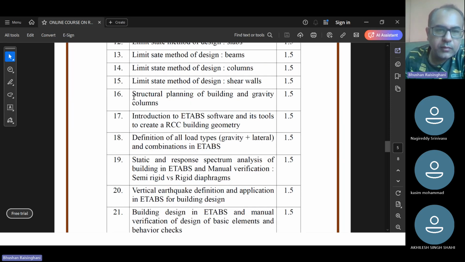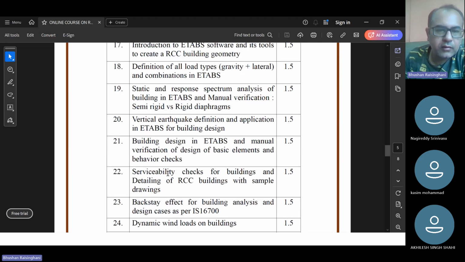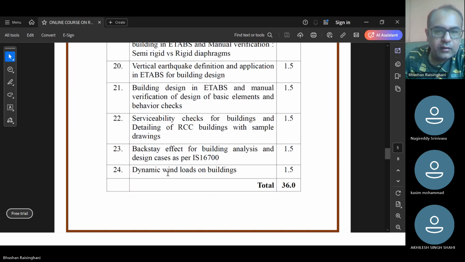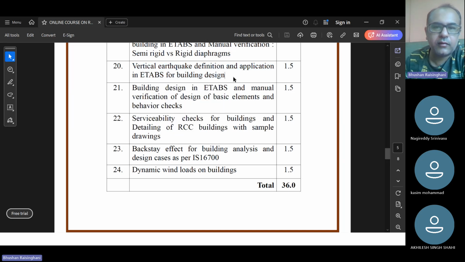From session number 16, all others would be software application based. Up to, let's say, the 20th, all will be application based in the ETABS software, how we get the results. Building design in ETABS, verification of the ETABS results, serviceability checks and how to conduct them will be part of it.